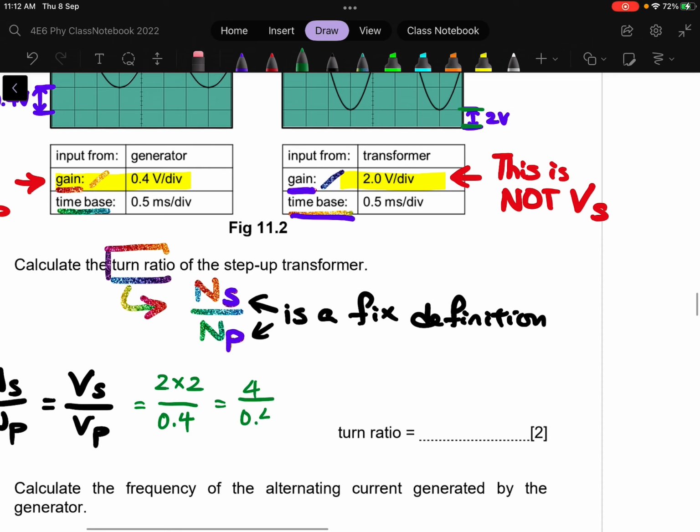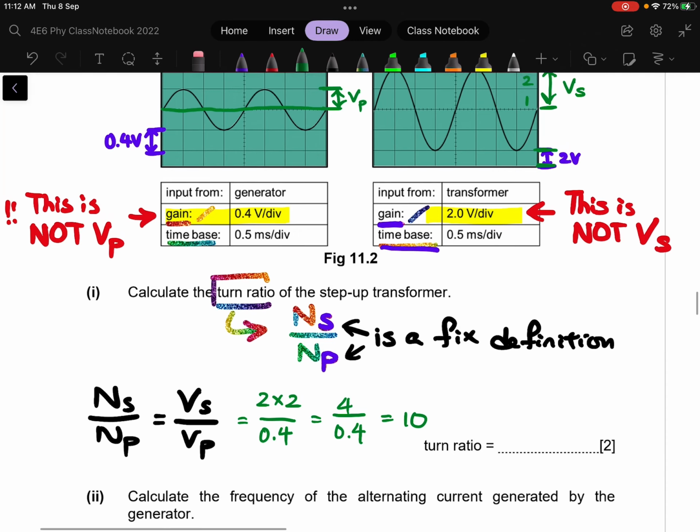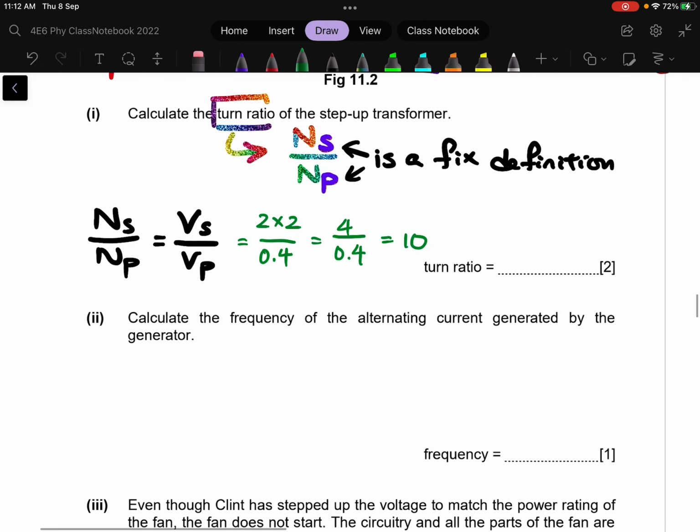Once you work it out, you will find that it is 4 over 0.4, and your turn ratio is actually 10. It is very simple. It's whether you have prepared for it or revised. Those of you who got it wrong, I can see that you are just trying your best to guess. But I admire your will to try, okay? Don't leave it blank, always try.